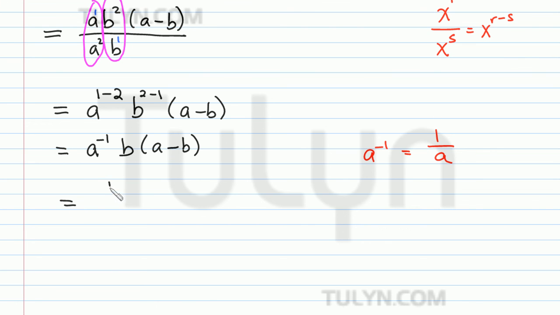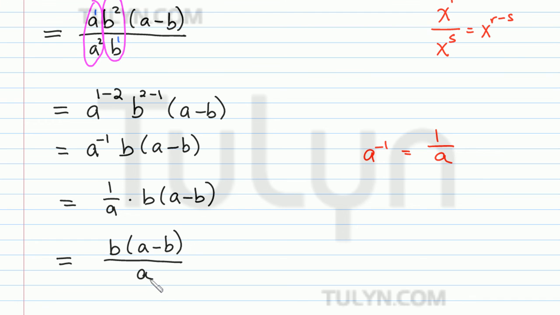So this becomes 1 over a times b times a minus b. And then finally putting it all together, we get b times a minus b over a. And since there's nothing else we can do to reduce, this is the final result.